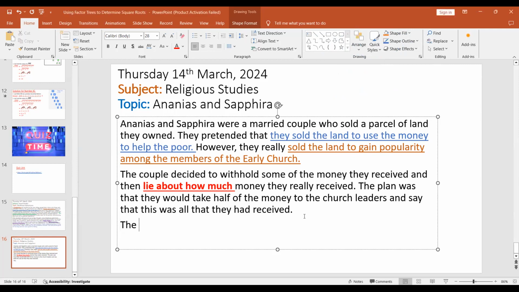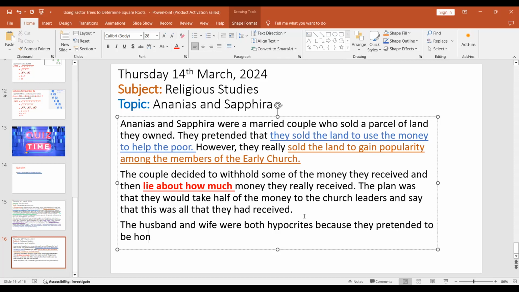The husband and wife were both hypocrites. Why? Because they pretended to be honest, giving people, but they were really dishonest, right?